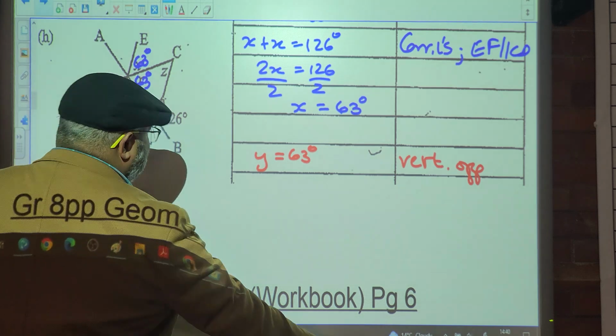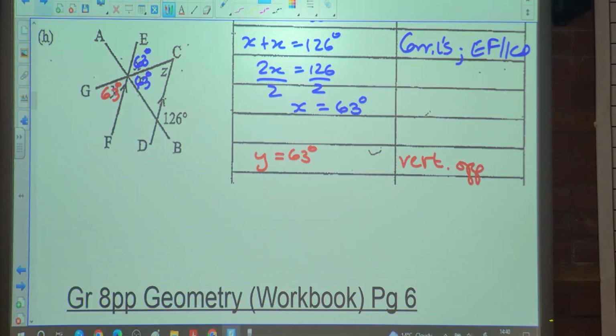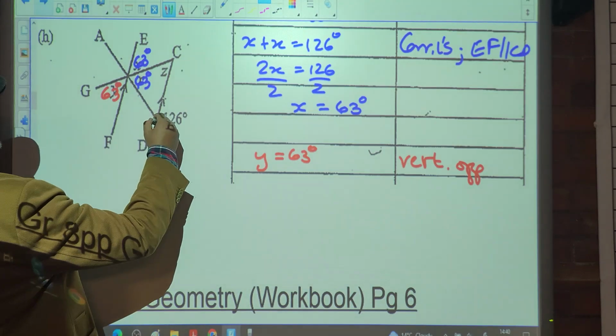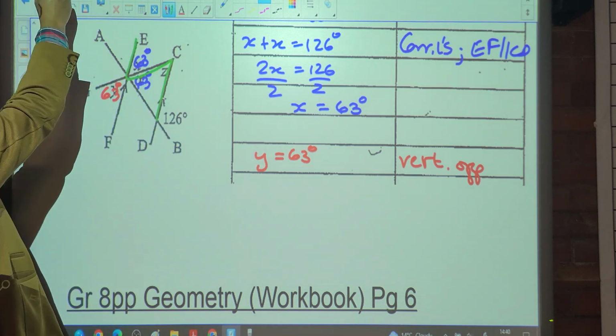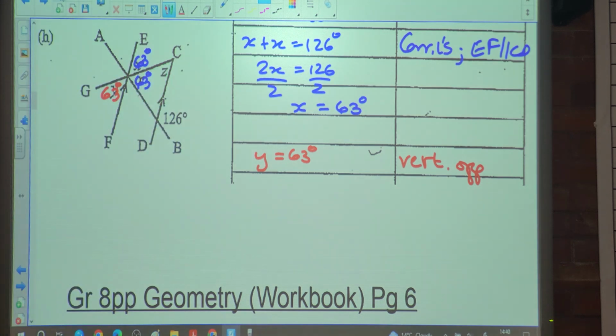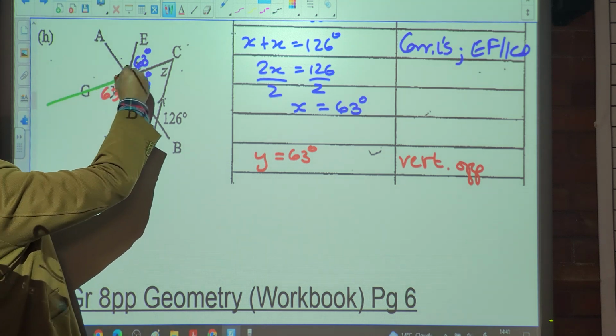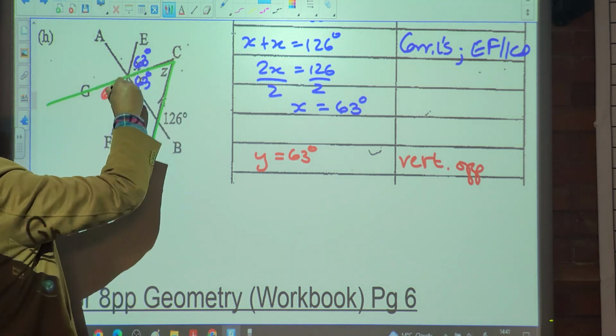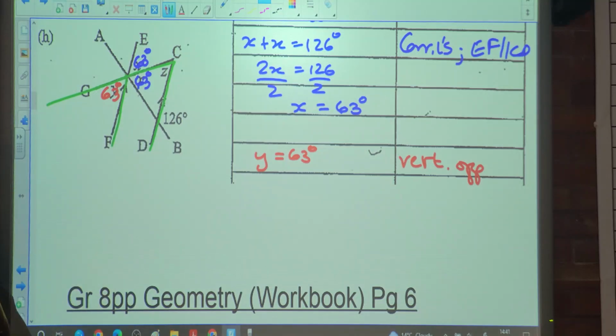How do you calculate Z? Alternate. Yes? But in contrast to what we are busy with, in relation to the corresponding angles, could we use corresponding there? Yes? But if it's lying this way now, alternate would still get you the full mark.